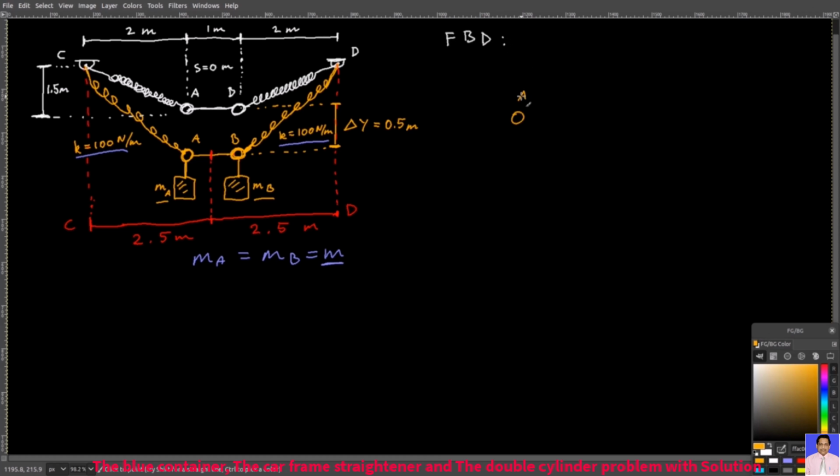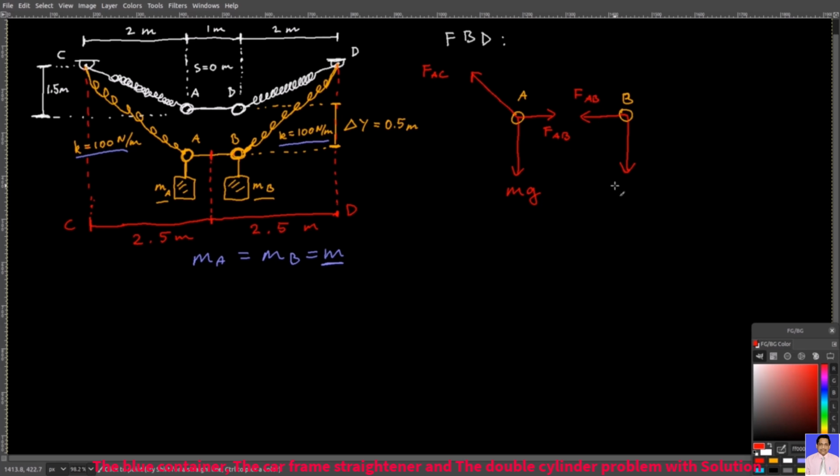And so let's start with our free body diagram. You have this ring, A. The force of gravity due to this cylinder is mg, and then you have this force, FAC, and then you have this force, FAB, and then you have ring B. Due to Newton's third law, you have the same force here, only in the opposite direction. To be completely correct, it should be BA, but since they are equal, then I will simply write it to be AB.